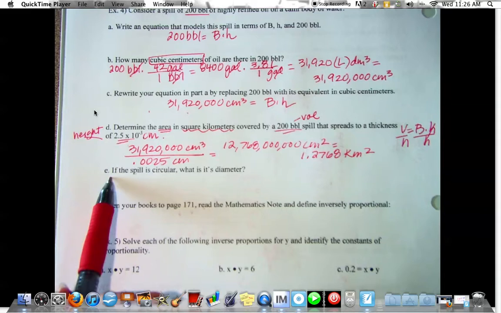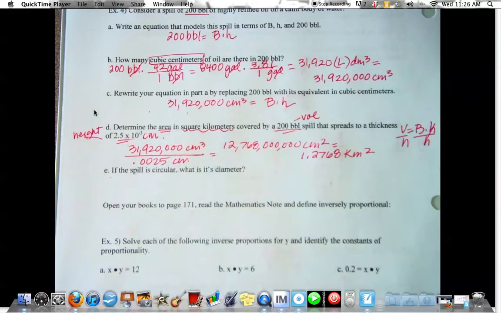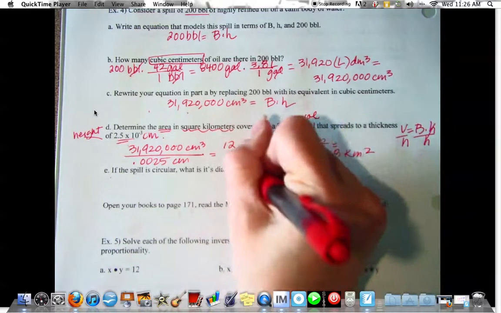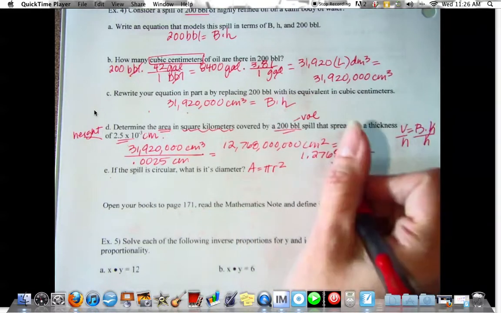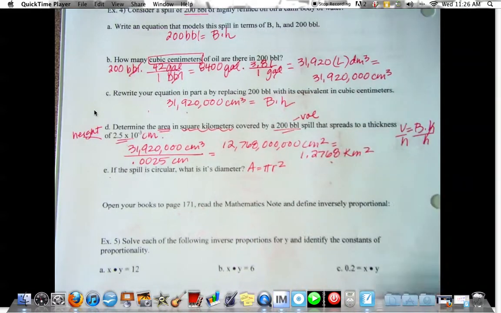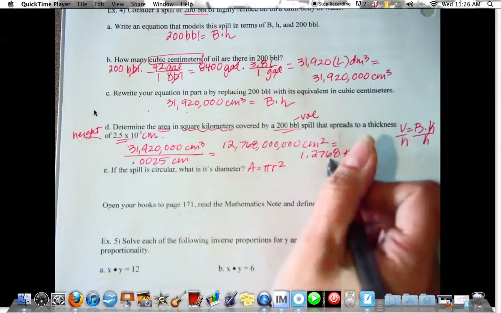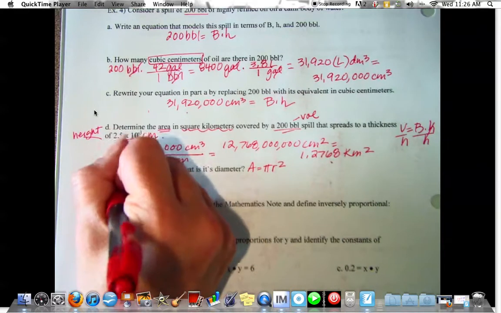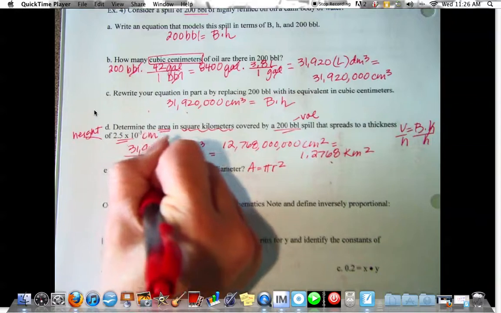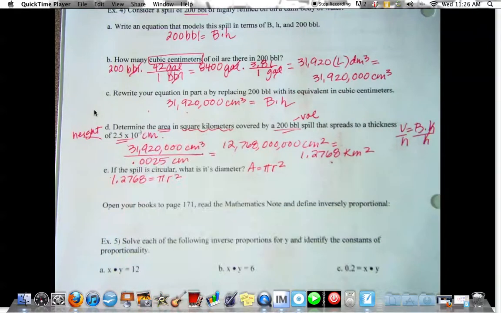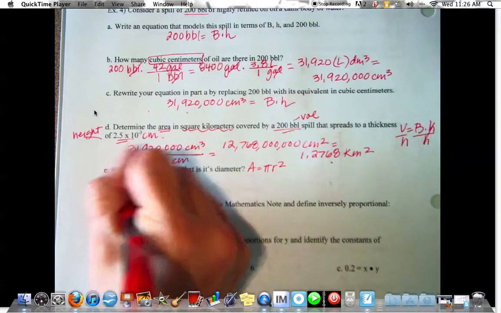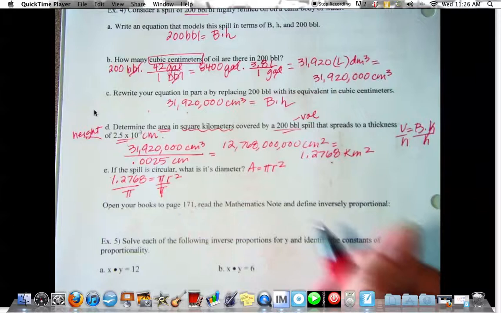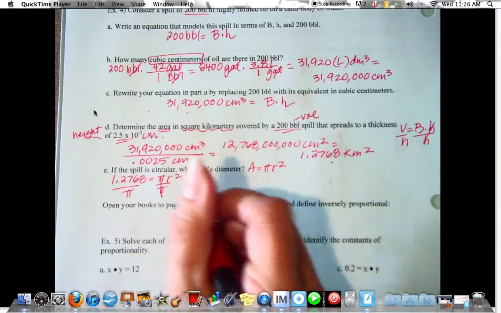E asks if the spill is circular, what is its diameter? So it's like the column on the front. Area equals pi r squared. Our area right here, 1.2768. So substitute that in for the area. 1.2768 equals pi r squared. We're looking to get the radius, so divide both sides by pi. So 1.2768 divided by pi equals r squared.